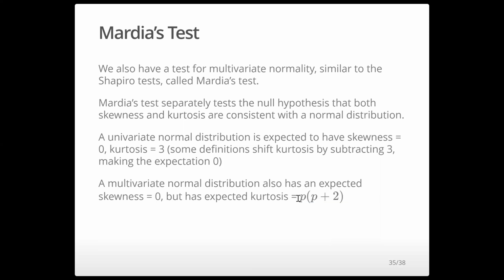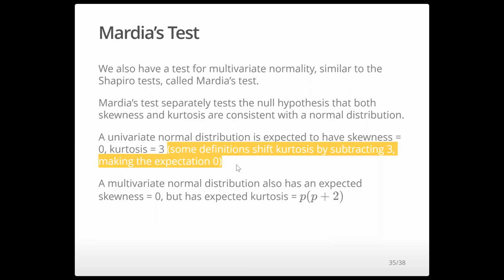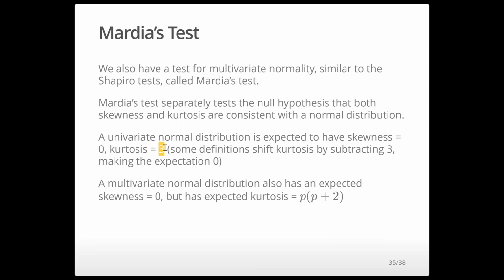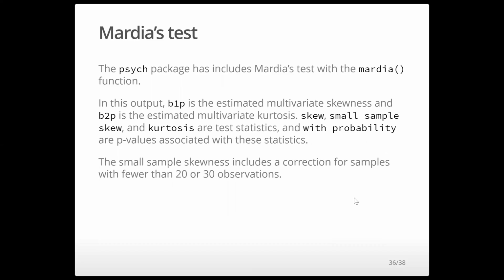And so we can see in the univariate case, this is going to be 3. So the expected kurtosis for univariate data is 3. Sometimes it's shifted by subtracting 3, so it's 0, but technically it should be 3. In the multivariate case, skewness is still 0, but kurtosis is p times p plus 2. And so Mardia's test is a null hypothesis test for these outcomes.